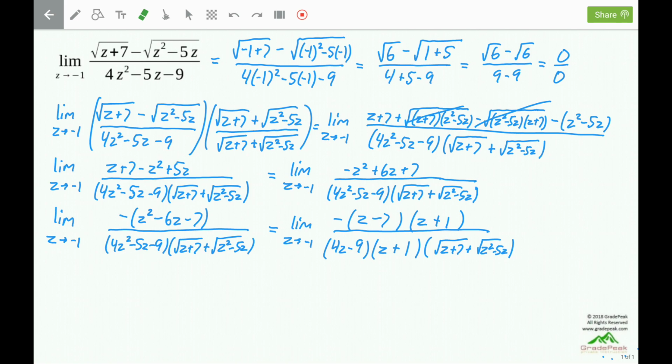And no surprise there, we're getting a z plus 1 as one of our factors. That was expected. Those can now cancel. And we should no longer have the 0 over 0 indeterminate form, and we should be able to plug in a -1 for each of the z's. Let's just rewrite everything we have.